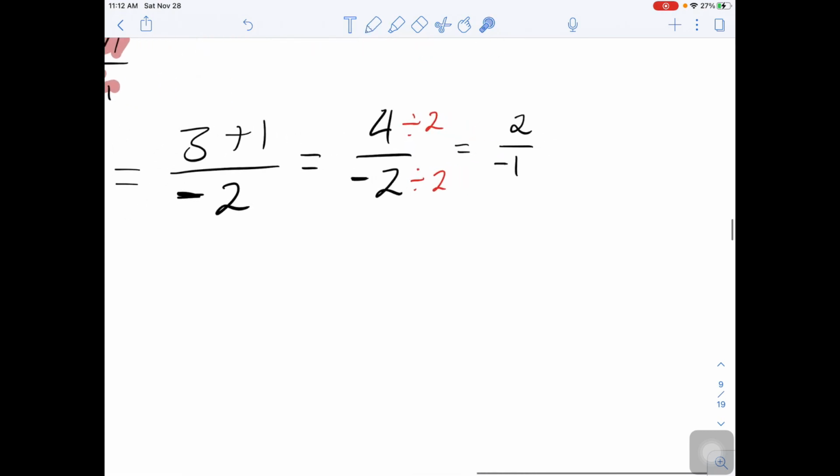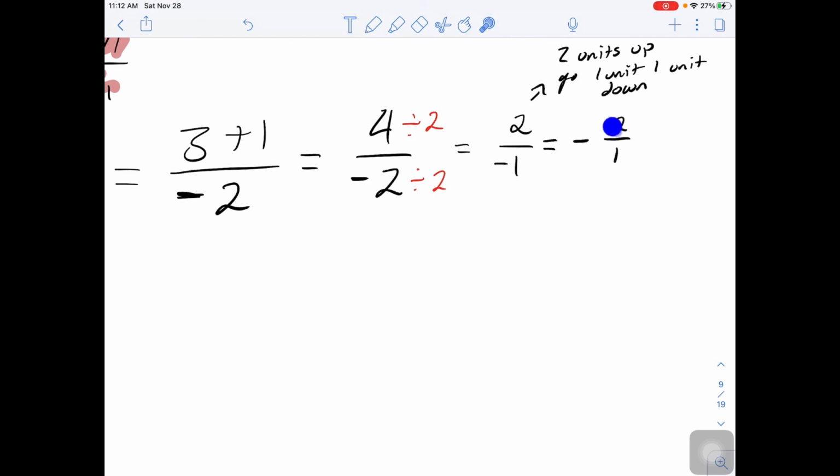And what's special about fractions is this negative can float. So you could either leave it like this and read it as every 2 units up, go 1 unit down, or you can just simply place it in the middle and keep it arbitrary.